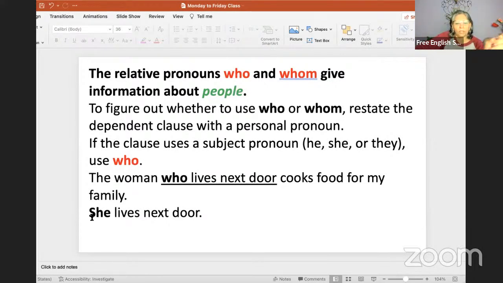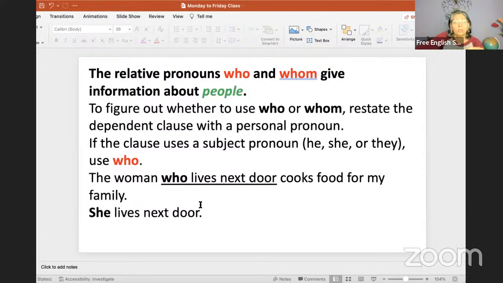So for example here, she lives next door. She, because the pronoun has come, right? Then we will be using who. Now here, she lives next door. The woman who lives next door cooks food for my family.